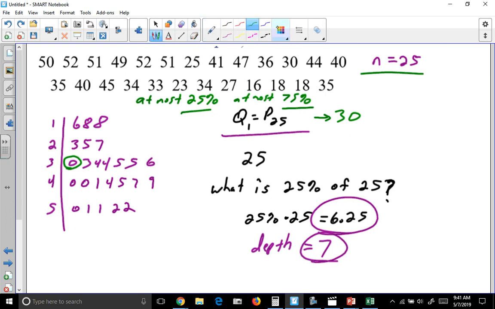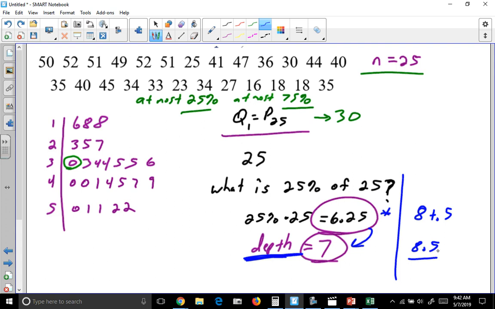But probably one of the biggest parts here is if this is a decimal, we round up to get our depth. Well, what if it's not? What if this is an integer? If when we calculate this we get an integer, then we add 0.5, and that will be how far into our data we go to get our percentile or our quartile.